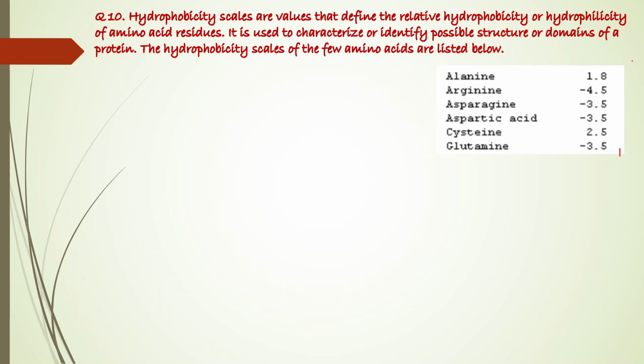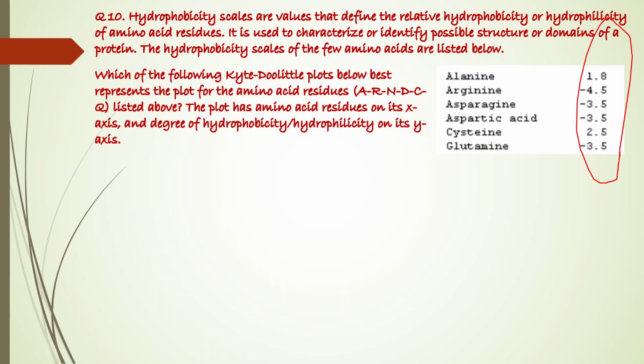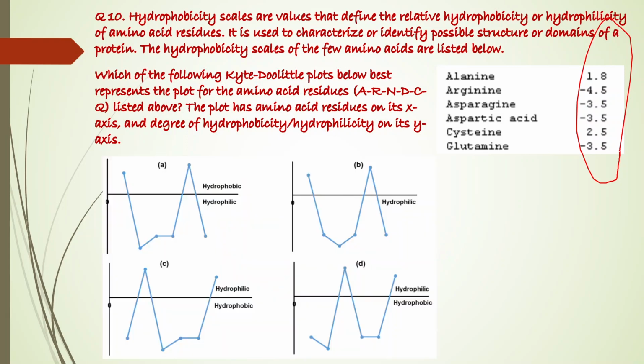According to these values, they will be hydrophobic or hydrophilic. These Kyte-Doolittle plots are given below. The plot has amino acid residues on its x-axis and degree of hydrophobicity or hydrophilicity on its y-axis.